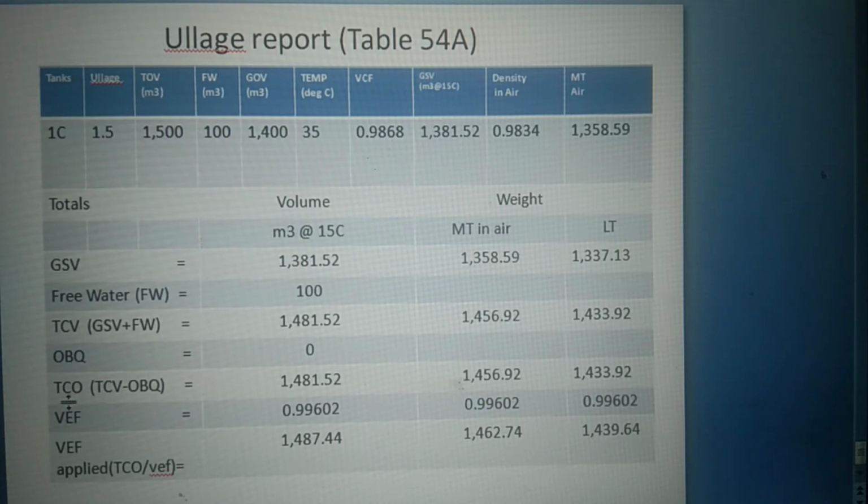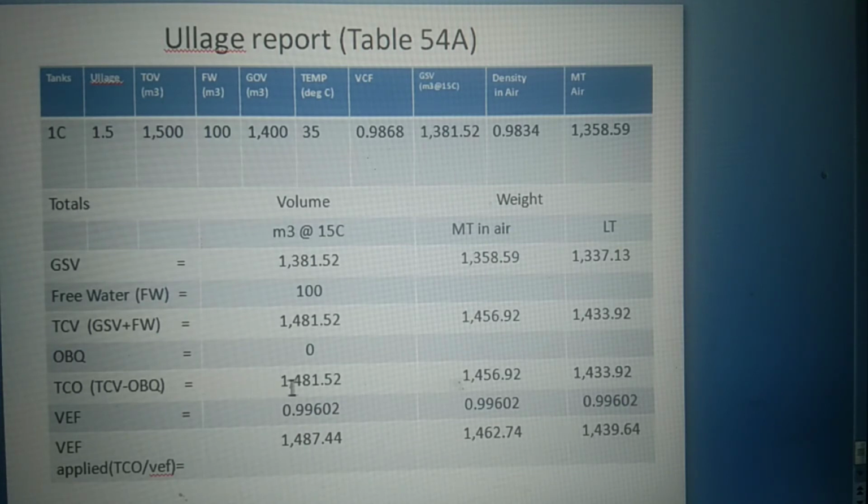So now we will have TCO, total cargo on board. So total cargo on board is equal to TCV minus OBQ. Okay. So because we don't have OBQ, our TCV and TCO is the same.